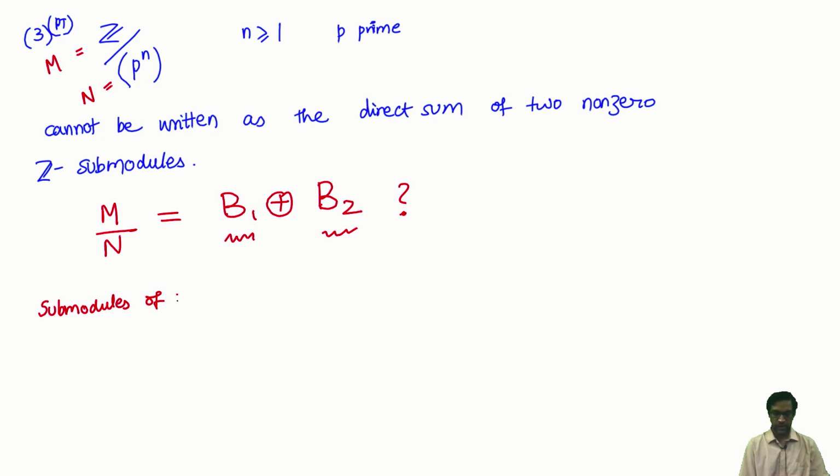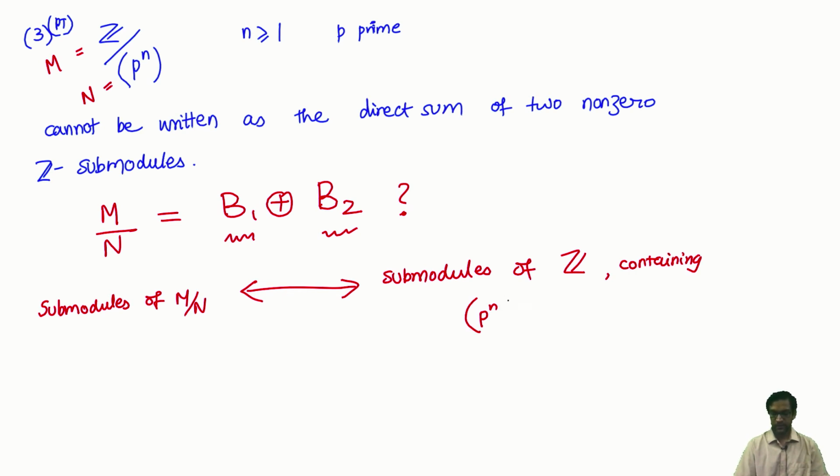Submodules of M mod N are in bijection with submodules of M containing N. M in this case is Z, and N in this case is the ideal p to the n, or the submodule p to the n.